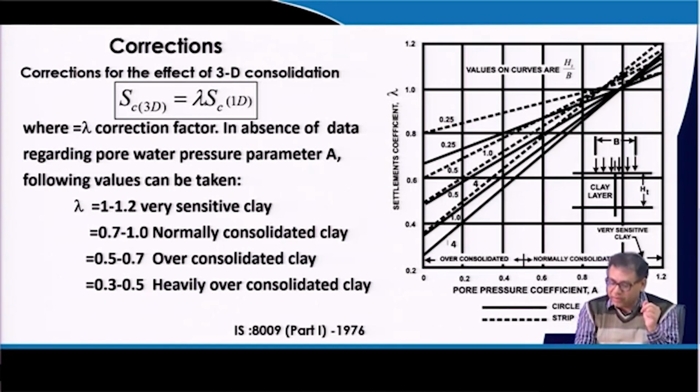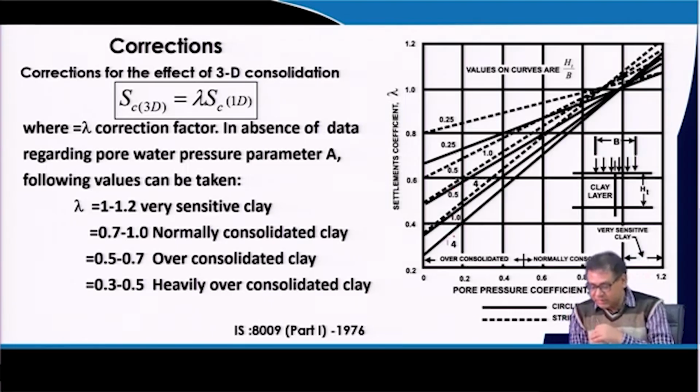The values are 0.25, 0.5, 1 and 4. Similarly for the firm lines: 0.25, 0.5, 1 and 4.